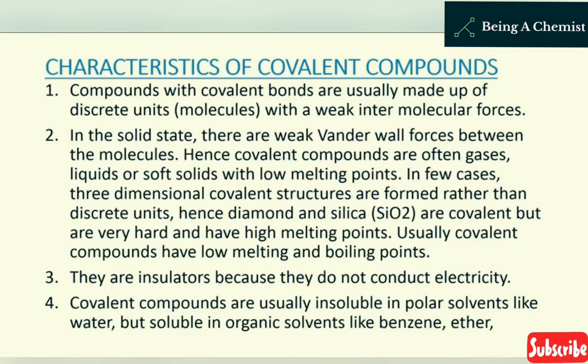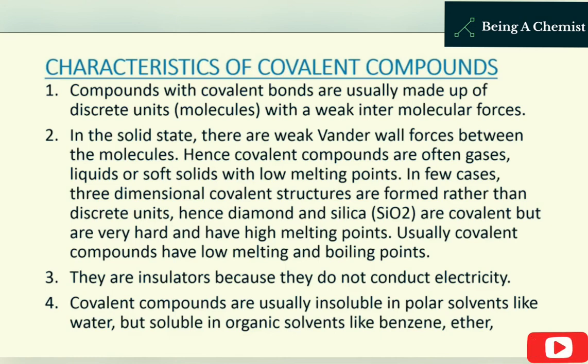And now, in the last part, we are going to discuss characteristics of covalent compounds. Compounds with covalent bonds are usually made up of discrete units. Discrete units are actually molecules with weak intermolecular forces. In the solid state, there are weak van der Waals forces between the molecules.